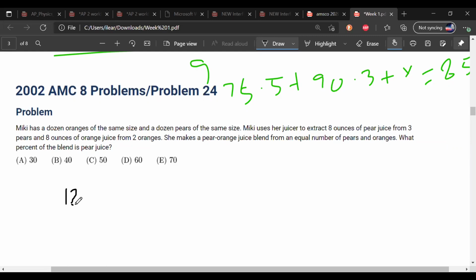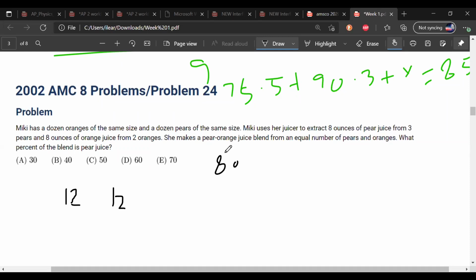So she has a dozen oranges and a dozen pears. So if she has a dozen pears and for every 3 pears she gets 8 ounces of pear juice, then we can do something like this.